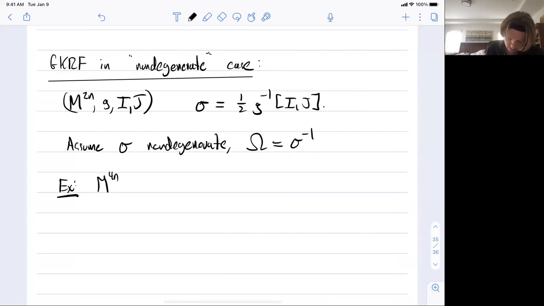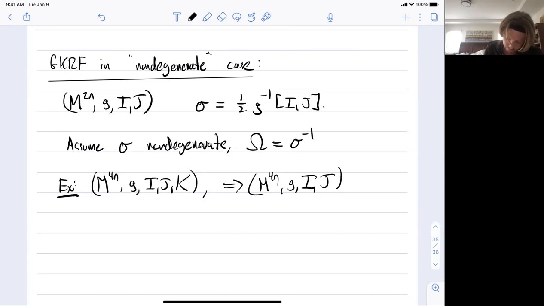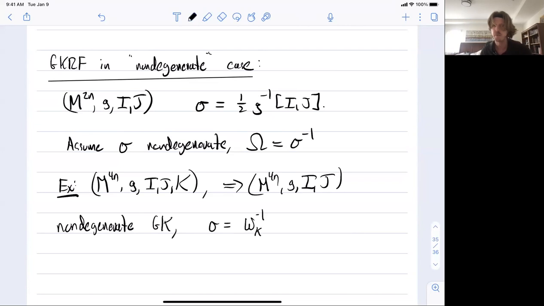So if I have M 4M G I J K, then of course this is non-degenerate generalized Kähler, and this tensor sigma will just be the inverse, but using the quaternion relation, sigma will be the inverse of the omega K Kähler form.